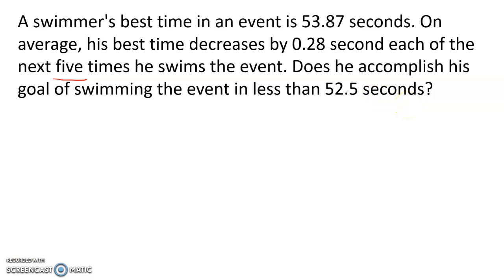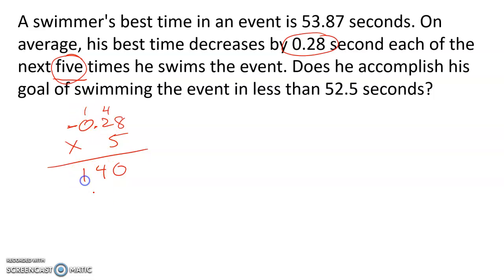All right, so the thing I would do is I would take the 5 and I would times that by, if it's a decrease of 0.28, that's a negative. So I would go negative 0.28 times 5. So I multiply that out. 8 times 5 is 40. Carry the 4. 10, 14. Carry the 1. Move my decimal 2 places.